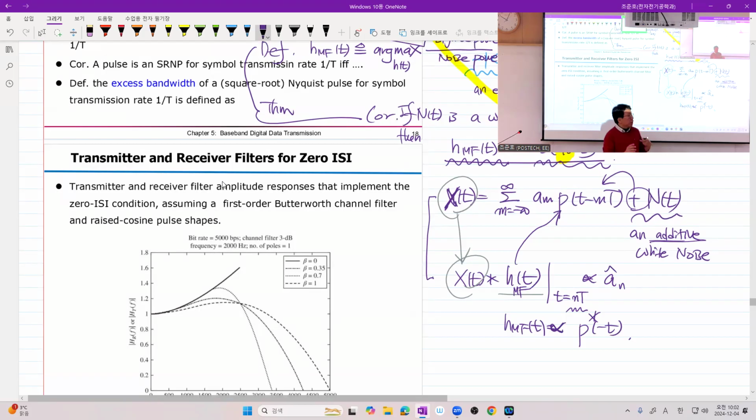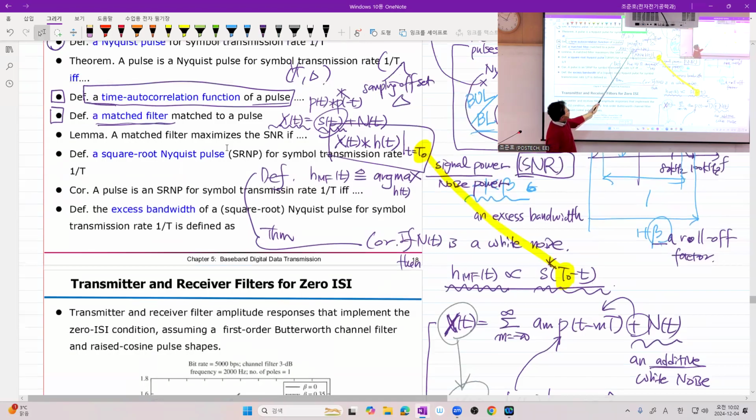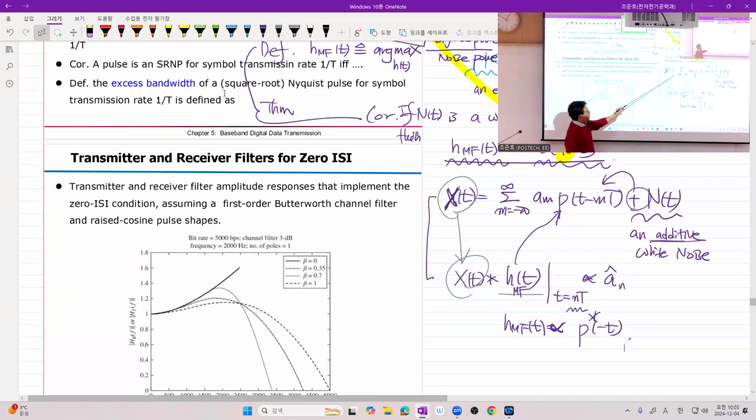If you have a simple observation model where you have a desired signal and white noise, then your matched filter is what? Time reversed complex conjugate of this signal, properly delayed. Got it? And if we use a matched filter for our reception of this PAM or QAM digitally modulated signal, then again we may use the matched filter matched to P of t, which is the time reversed complex conjugate of it.